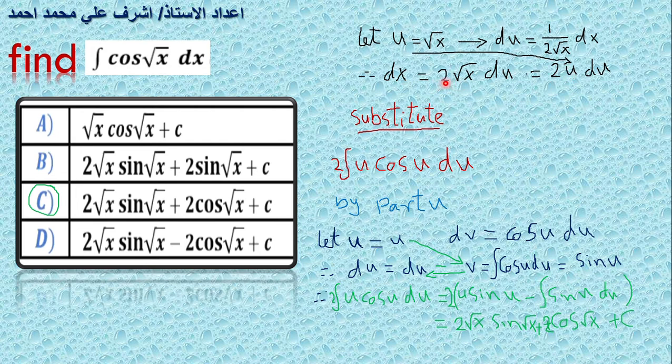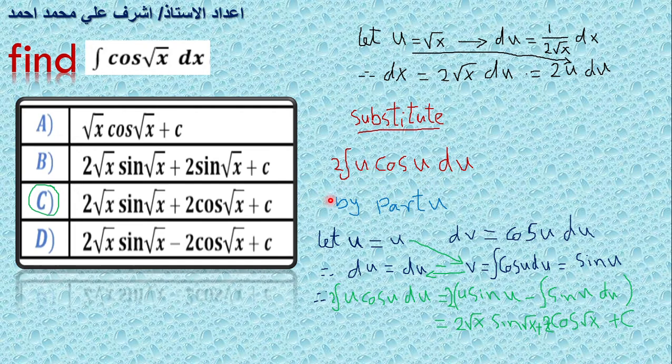So dx equals 2 radical x du, but radical x is u, so I can write it as 2u du. Now we substitute in the original problem. We get 2 as a constant, taking it as a common factor, the integral of u cosine u du.